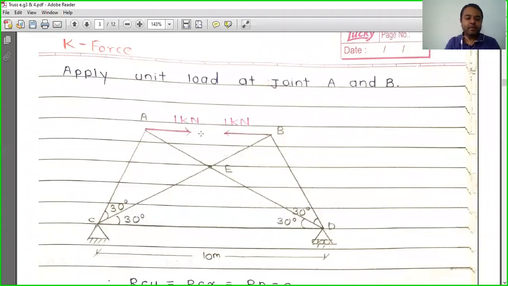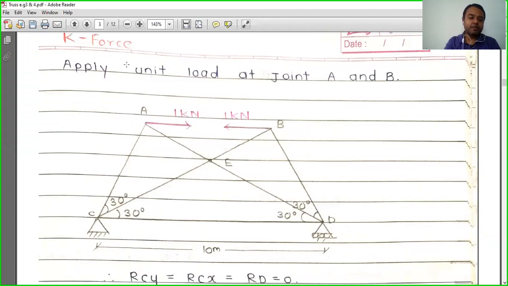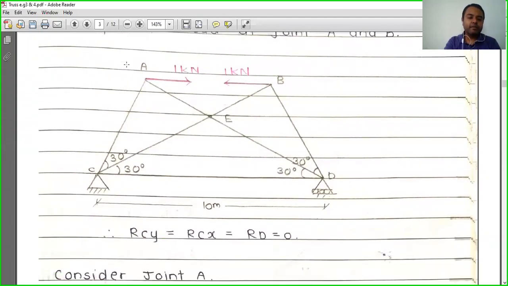Now again the same structure we have to analyze once again. We have to find the force in all the members of the truss, that is the K force analysis. First of all, find the support reaction for this loading.